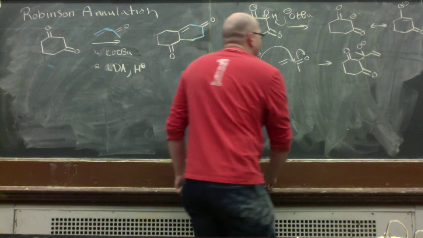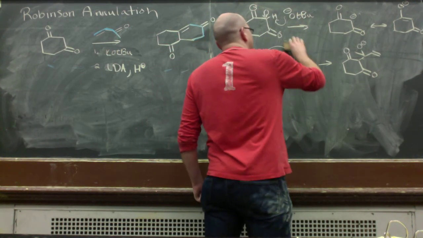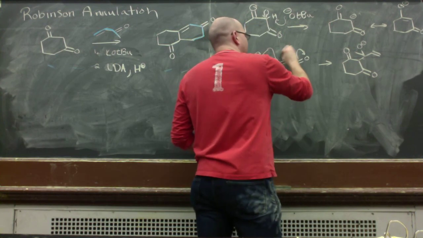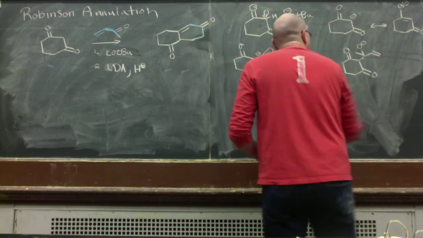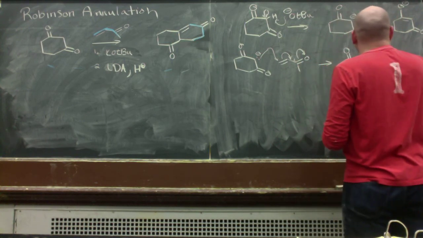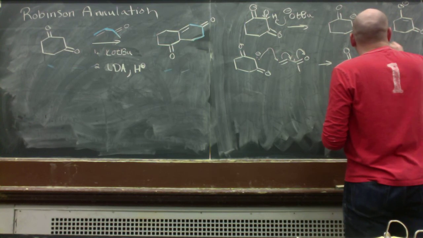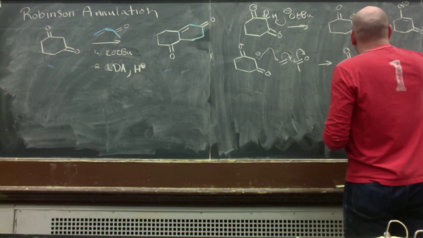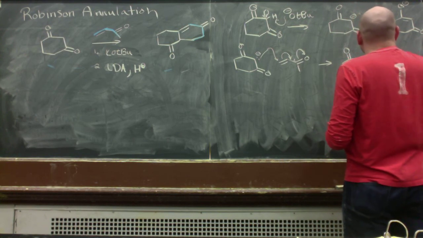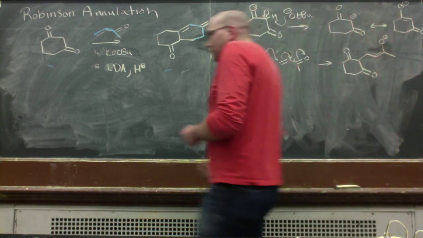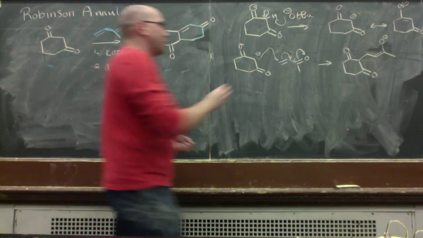Whereas if we attack at the beta carbon, which is a Michael addition, now we've got this more branched system here. Again, if it helps to color coordinate.